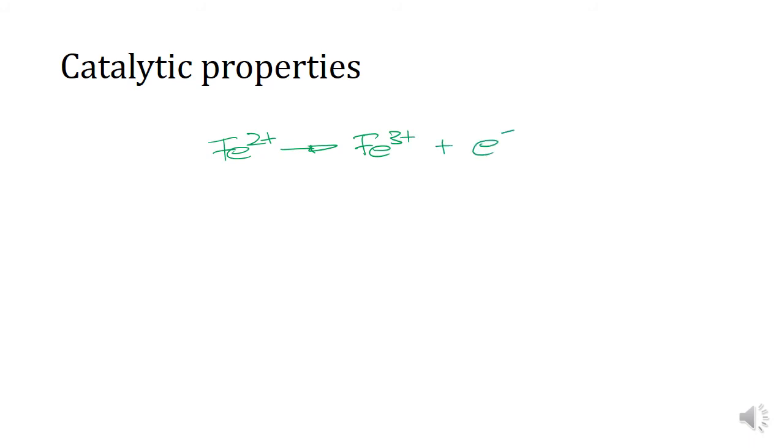Why is that useful? If you have a chemical reaction that involves moving electrons around, for example any redox reaction, having something there that is able to donate and accept electrons quite readily is super useful.